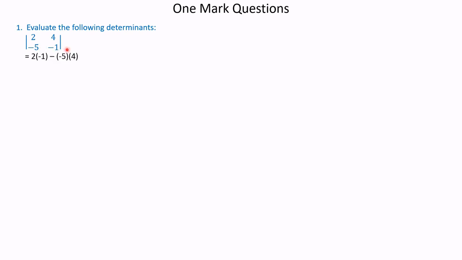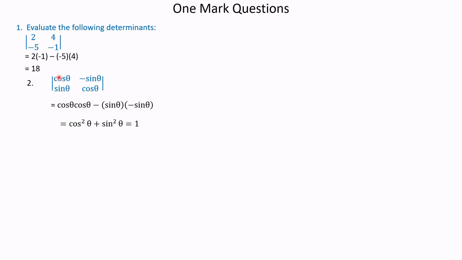So we have to find its value. Here 2 into minus 1 minus, because this is plus and this is minus, next step is minus 4 into minus 5. 4 into minus 5 is minus 20. Minus of minus 20 is plus 20, minus 2 is 18.